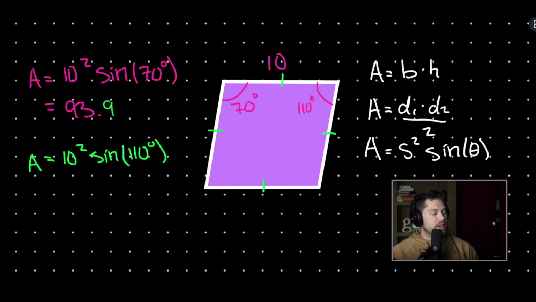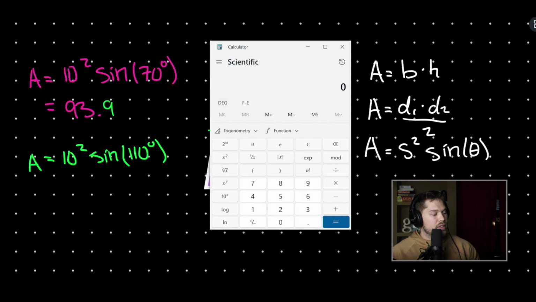Hopefully it's still up in the calculator. So we have our calculator. We're going to have 100 times the sine of 110 degrees and we get 93.9. We get the exact same value as whenever we used the sine of 70 degrees.